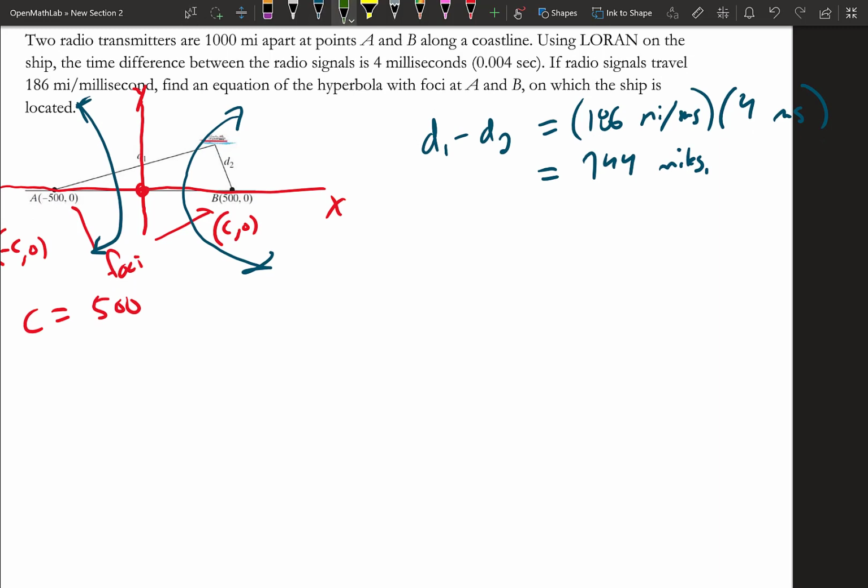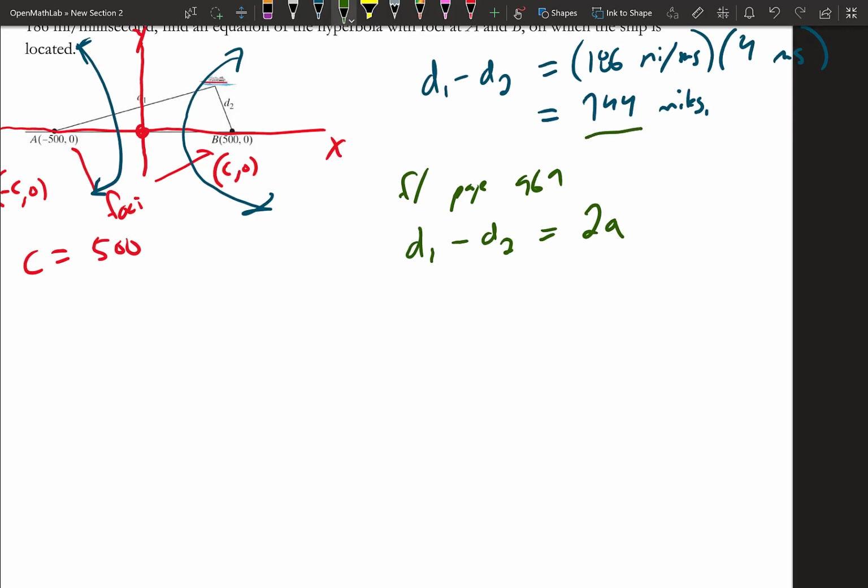So then from page 969, we actually know a relationship between d1 and d2. d1 minus d2 is equal to 2 times a, right? So what I can do is plug this in to d1 minus d2, and then I have an equation with one unknown. I can solve for the value of a.